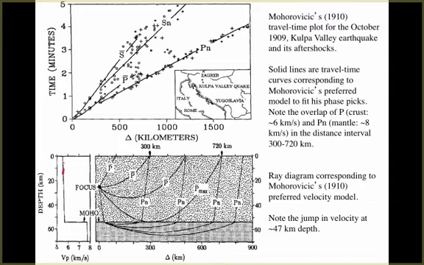This is depth versus velocity here. There's a change in velocity at about 47 kilometers depth. And it was from this that he identified that there was a different density layer in the Earth that started at about that depth, and thus identified the MOHO.